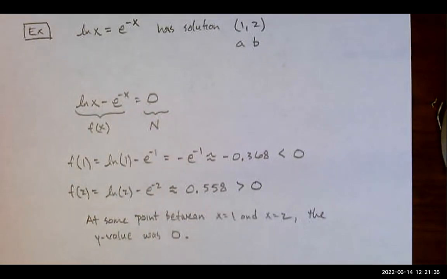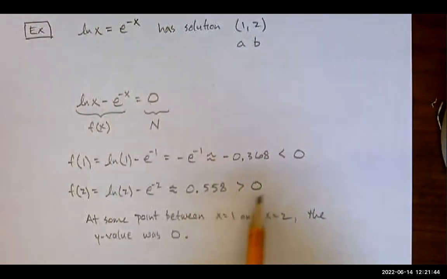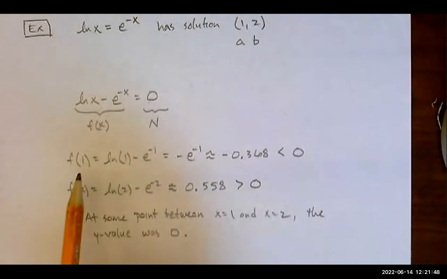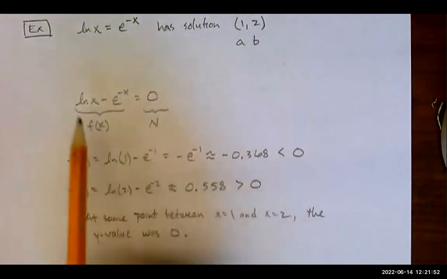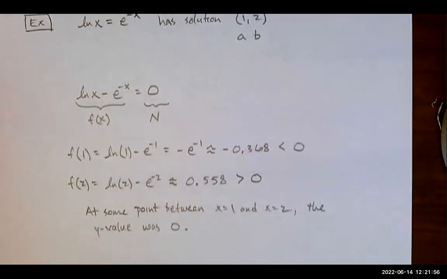Agree with that? It would have to be, right? Well, that was the end we were looking for, right? So we showed there's some x value between 1 and 2 that would give us the function value equal to 0.